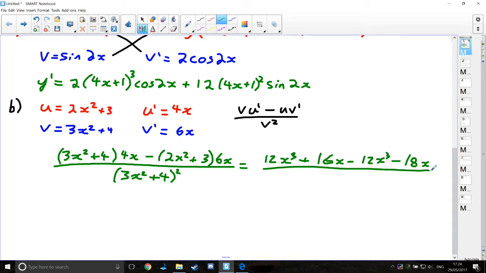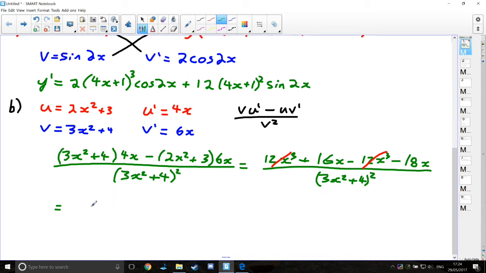And that's all still over (3x squared plus 4) all squared. All in all, that's going to cancel with that, so let's just drop them out. 16x minus 18x, well, that's just minus 2x.